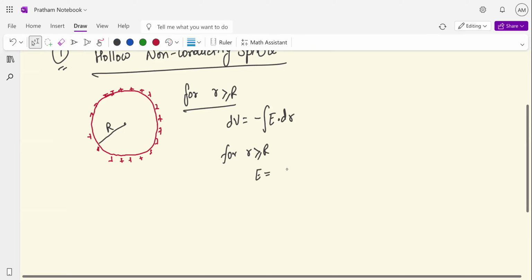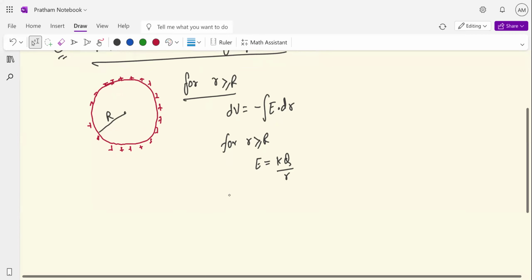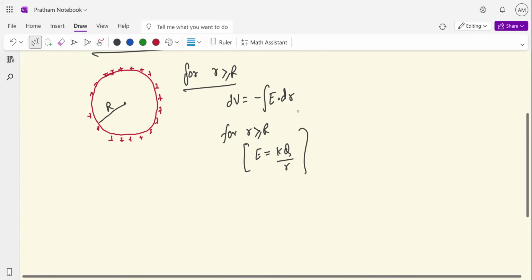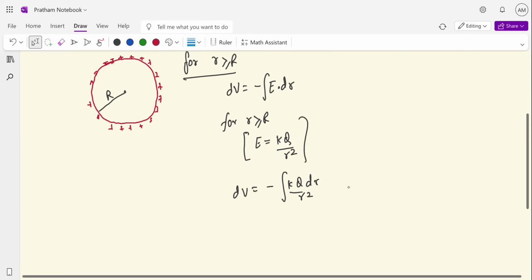It is equal to how much? kq divided by r square. Is it? Yes, sir. Okay, so I can put it over here. So dV equals kq divided by r square times dr. Okay. So when you integrate it, you will get kq times minus 1 by r.